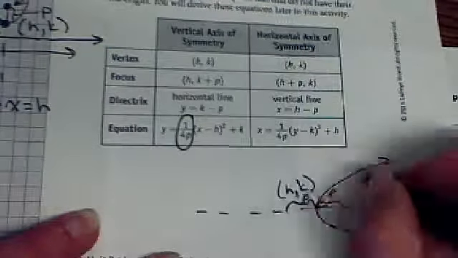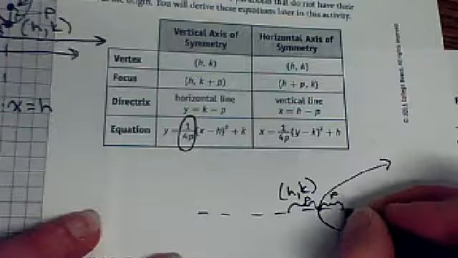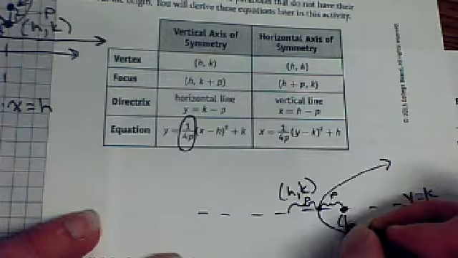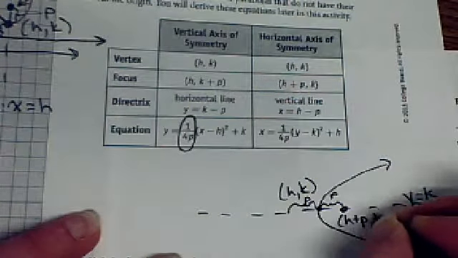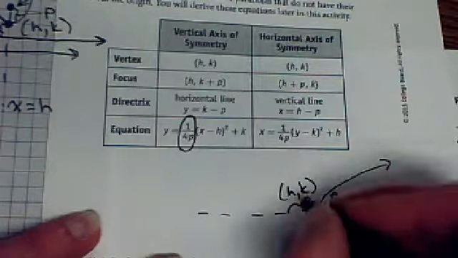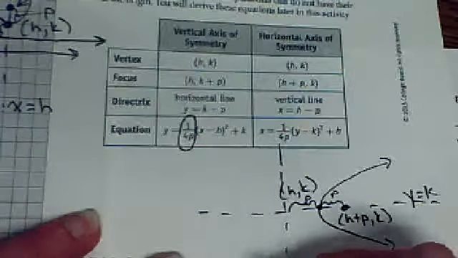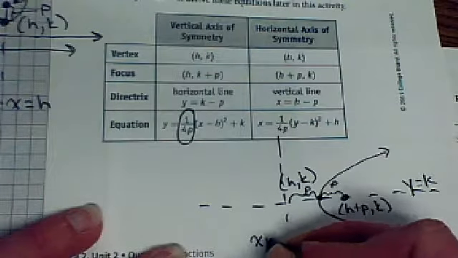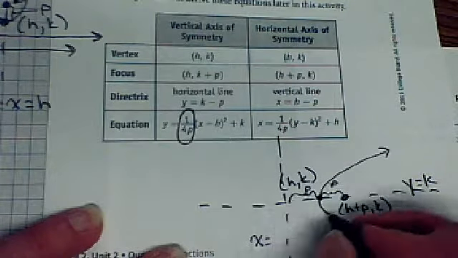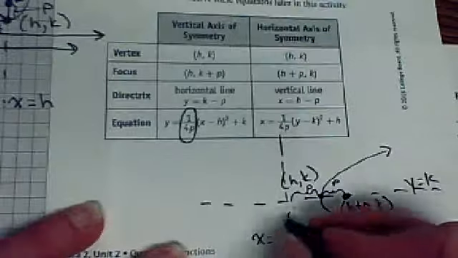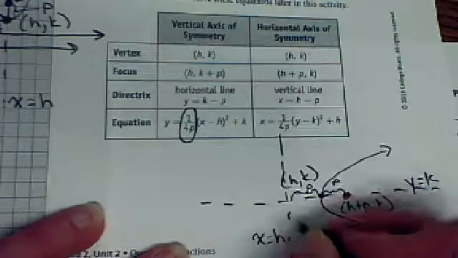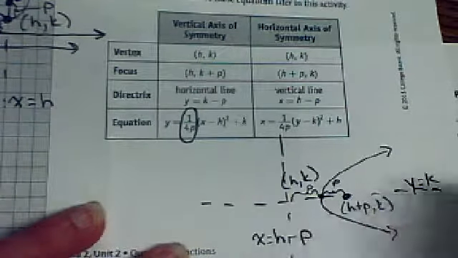So am I adding and subtracting p to the x value or the y value? So this would end up being my focus at (h plus p, k). And this would be my directrix. And that's a vertical line, so it's an x equals. That's not equal to the h value where we were right there. We had to go backwards p steps, so that'd be h minus p.